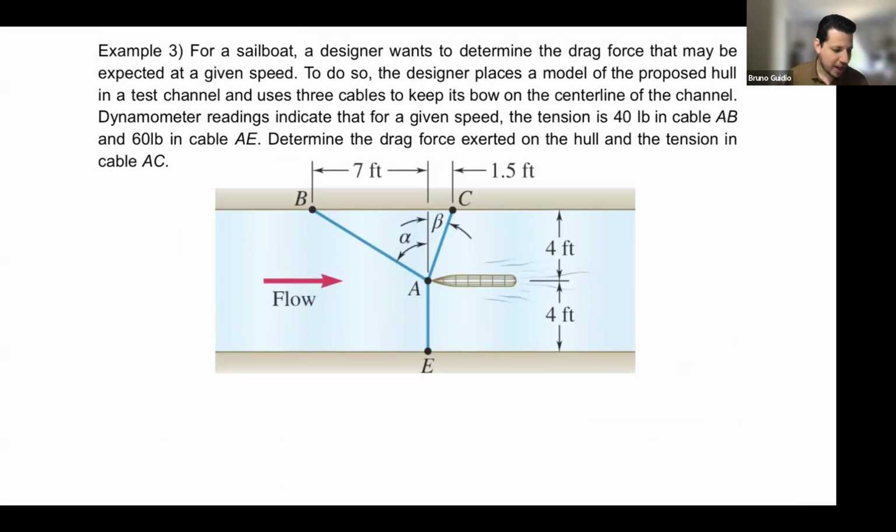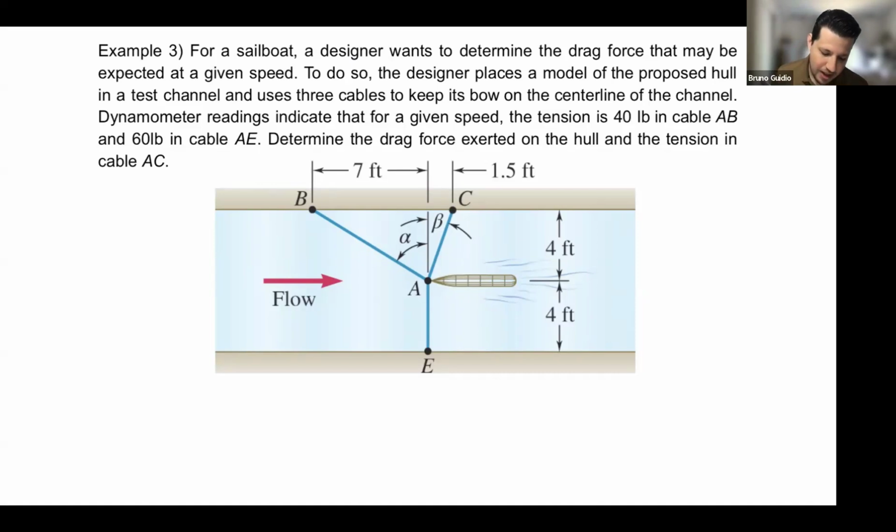Last one here for today. For a sailboat, a designer wants to determine the drag force that may be expected at a given speed. To do so, the designer places a model of the proposed hull in a test channel and uses three cables to keep its bow on the center line of the channel.